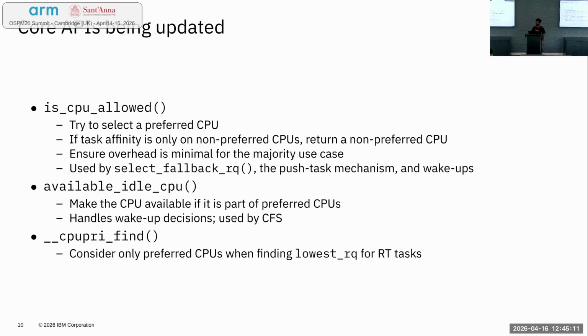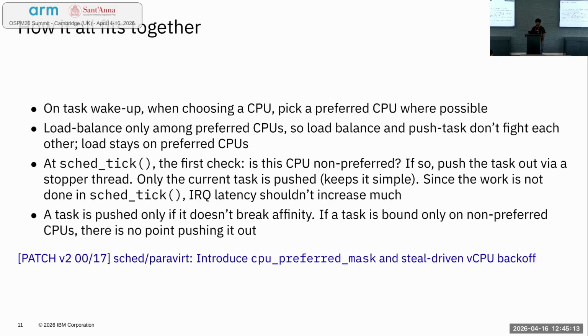And what about the load balancer? Yeah, I'll continue. Okay. Yeah, so how does all of this fit together? If you see from the macro picture, schematically, we have a push task mechanism. It's going to push the task out if it is on a non-preferred CPU using a stopper.